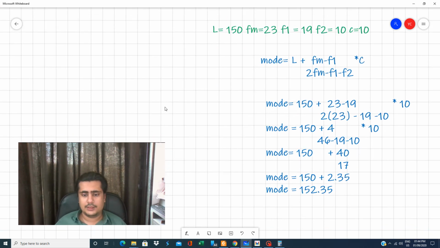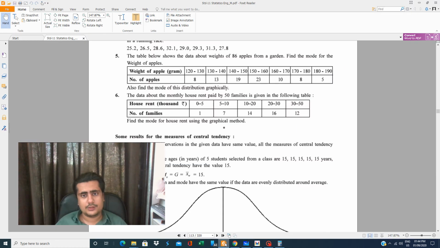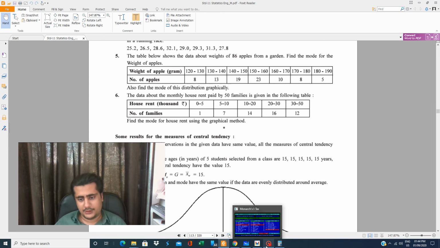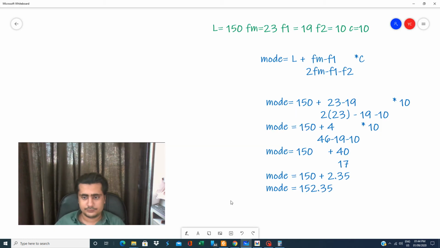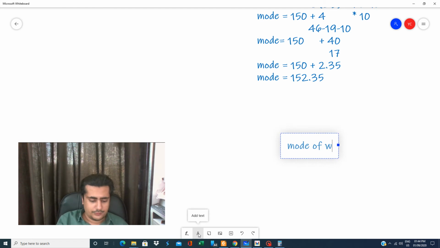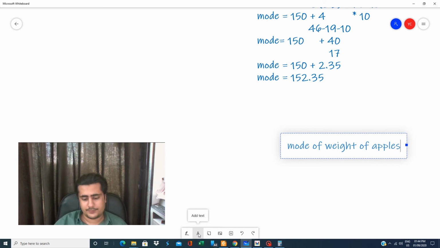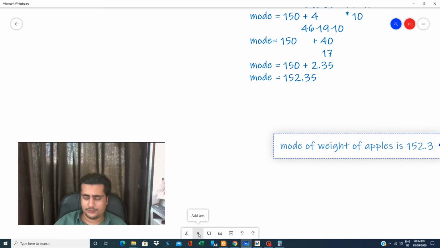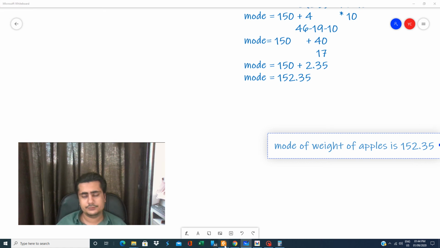What they have asked you in the question is that you have to find the mode of the weight of apples. So the mode of the weight of apples is 152.35 grams.